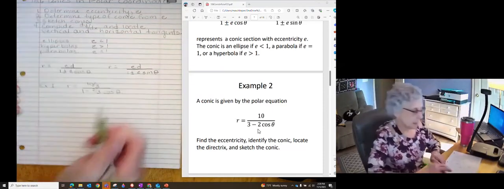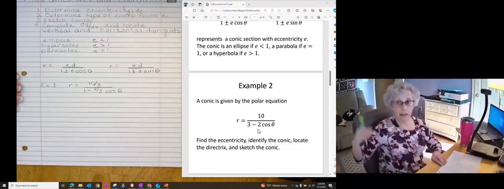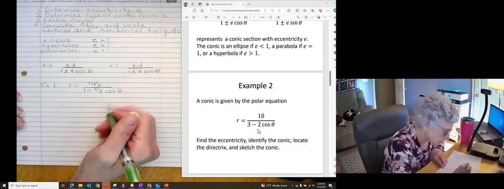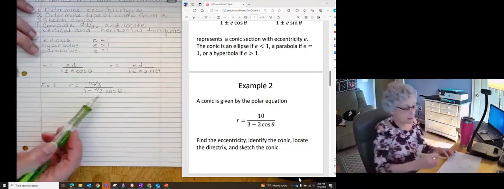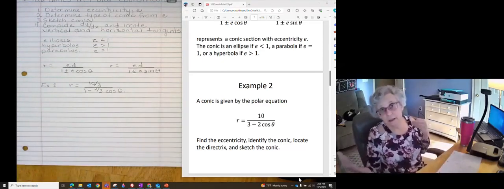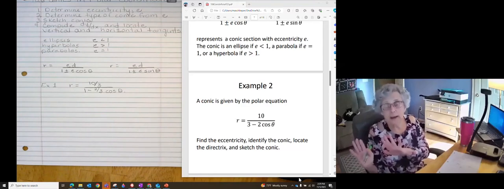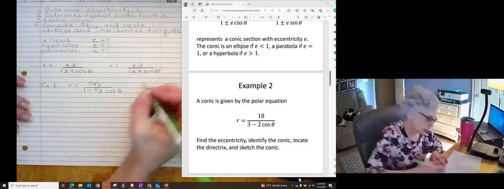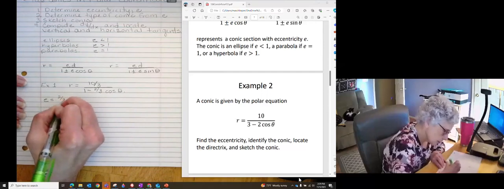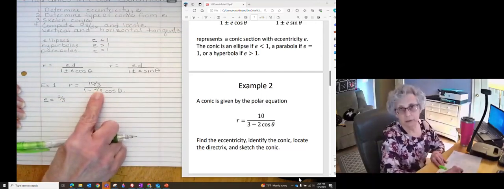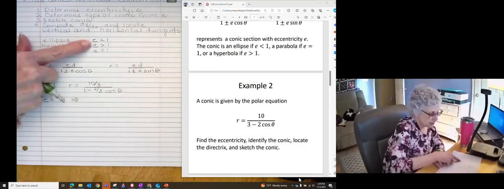cosine theta. Now, since it's cosine, I know that my directrix is going to be an x equals function. And since it has a minus sign there, I know it's going to be x equals minus d. But even if you don't remember that, go ahead and figure out what your d is. We know eccentricity is equal to 2/3 because it's the absolute value of this number sitting right here. 2/3 is less than 1.